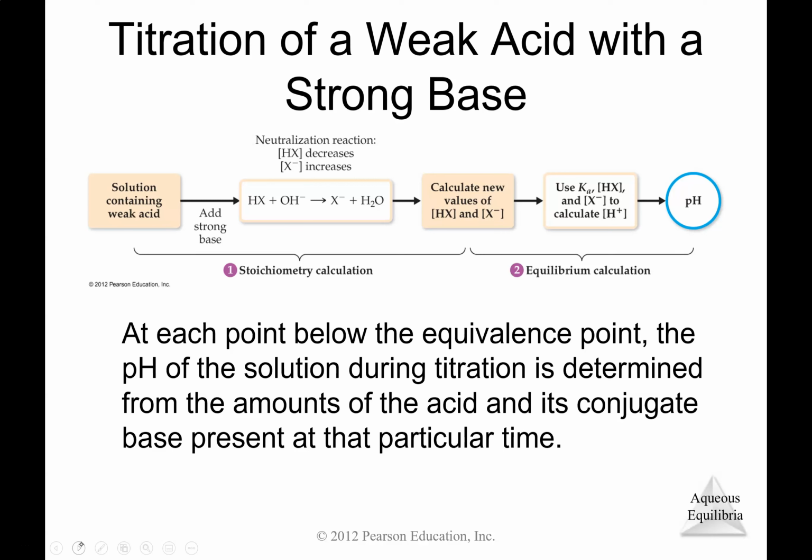And then we're going to look for what's going to happen at equivalence. So there are a couple of different types of problems. The first is, what is the pH before and after we hit the equivalence point? And the other is, what exactly is going to happen at this equivalence point? So again, we're just talking about equivalence points and how we're going to move through some of these different videos.